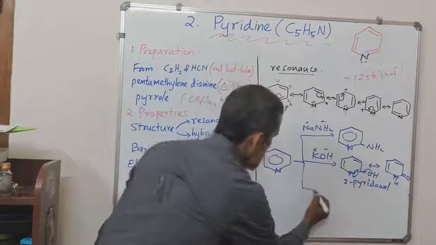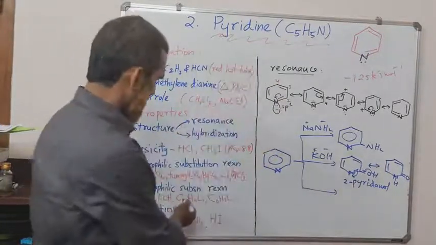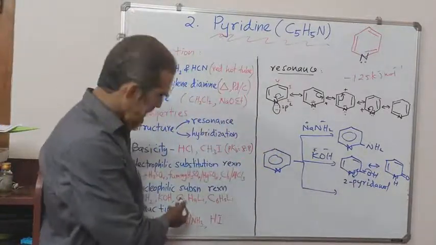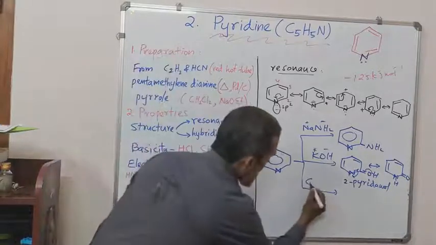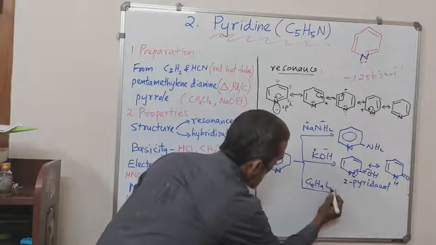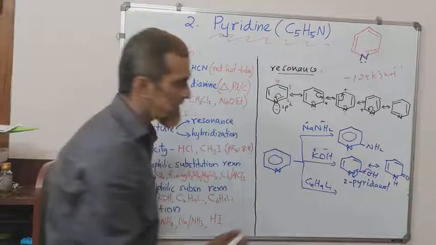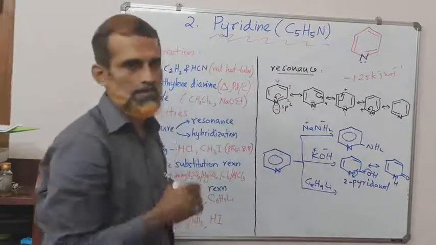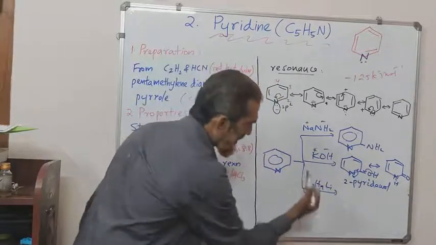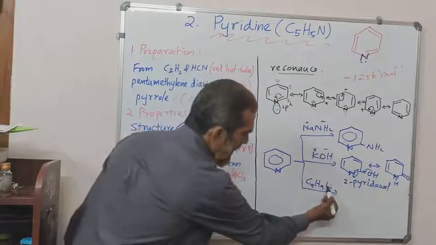And one more is there, that is butyl lithium, C4H9Li. Not tertiary butyl, this is n-butyl lithium we have discussed earlier, which is an organometallic compound, a lithium compound.